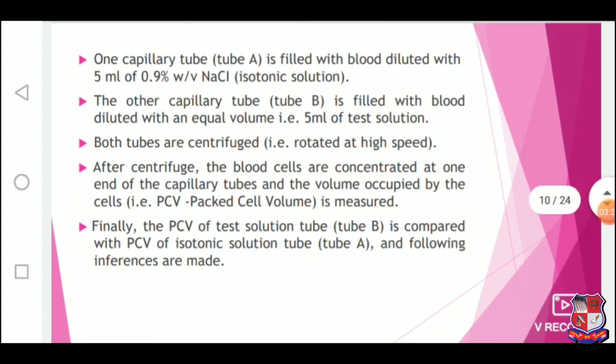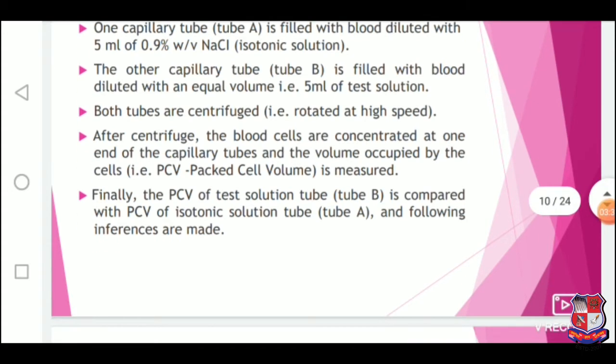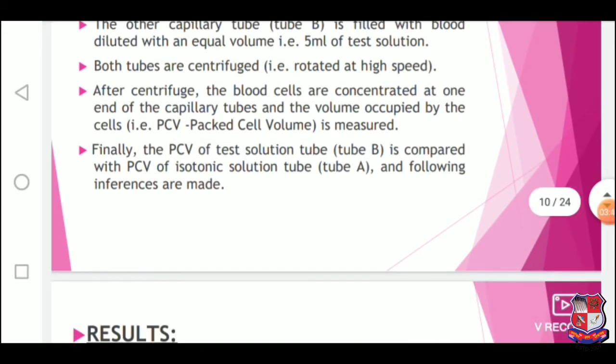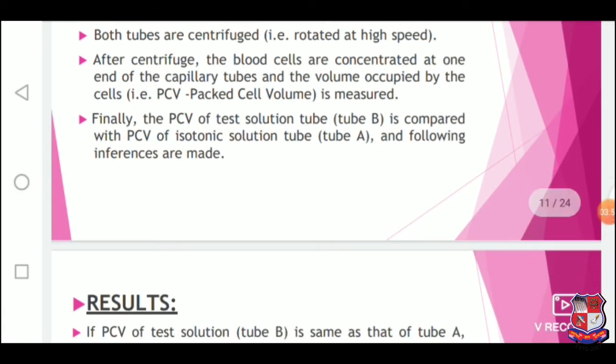The other capillary tube is filled with blood diluted with an equal volume of 5 ml of the test solution. Both tubes are centrifuged. After centrifugation, the blood cells are concentrated at one end of the capillary and the volume occupied by the cells is measured. Finally, the PCV, that is packed cell volume, of the test solution is compared with the PCV of the isotonic solution.